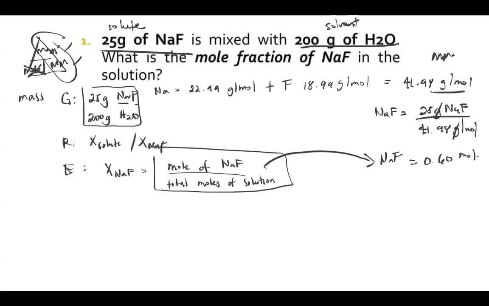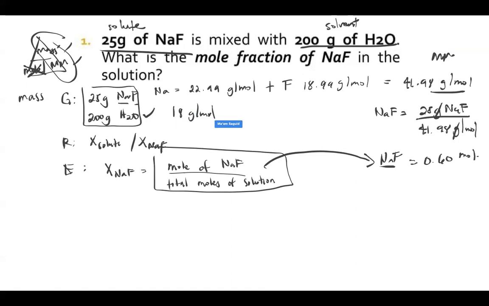Now, since in the denominator we have to look for the total moles of the solution, of course, it's not only the moles of NaF that we need to get. We also need to get the number of moles of the 200 grams of water. So what is the molar mass of water? Hydrogen is 1.008 and oxygen is 16, so that is approximately 18 grams per mole.